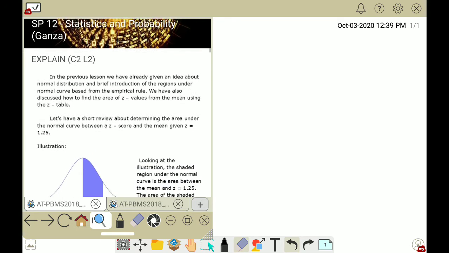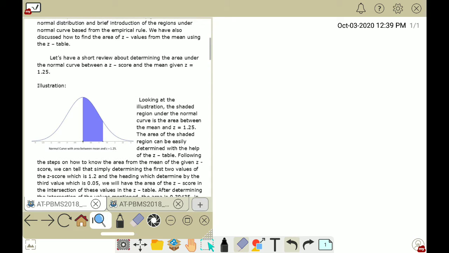From the previous lesson, we showed how to get the area of a certain z value, given that it is the area from the mean. For example, z is equal to 1.25.